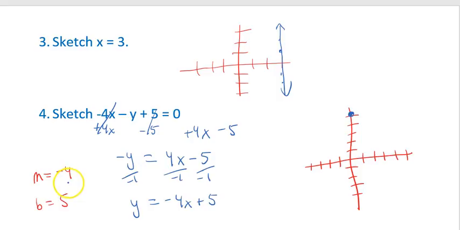Then since my slope is negative 4, the negative tells me I'm going down, but I always go right. So I'm going to go down 1, 2, 3, 4, and right 1. And then I'm going to connect those in a line as best I can. Don't seem to be very good at it, but you get the point. You've done this before, so hopefully this is just review.